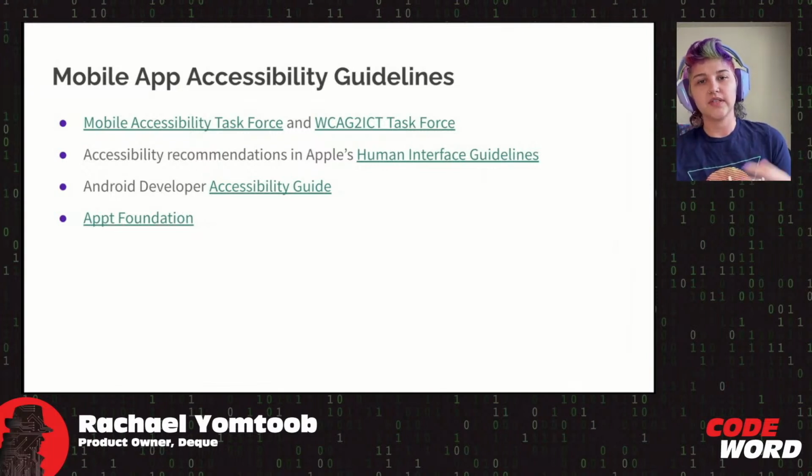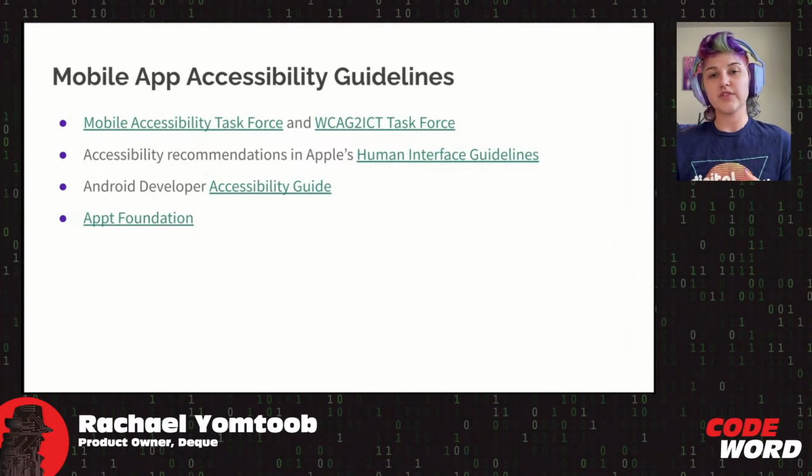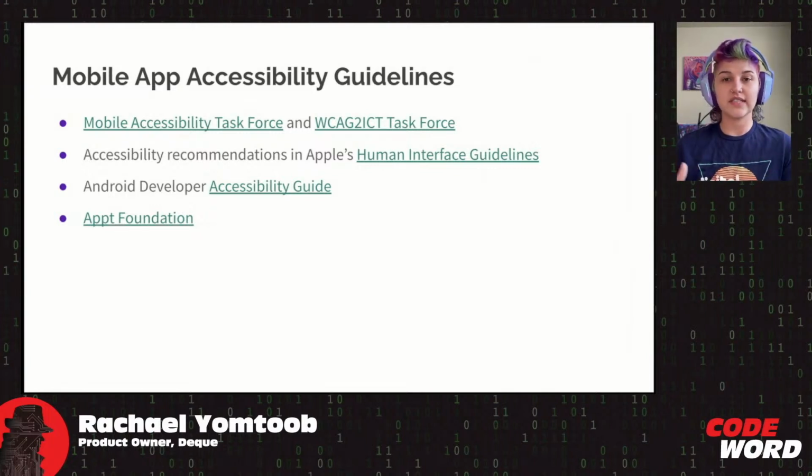Then we have the WCAG 2 ICT task force, in which ICT stands for Information Communication Technologies. This task force aims to provide translations or documentation on how to apply WCAG to any non-web technology. That does include mobile apps, but it also encompasses other things such as desktop apps, PDFs, kiosks, etc. This task force has a bit more power because they are able to add notes to the existing guidelines.